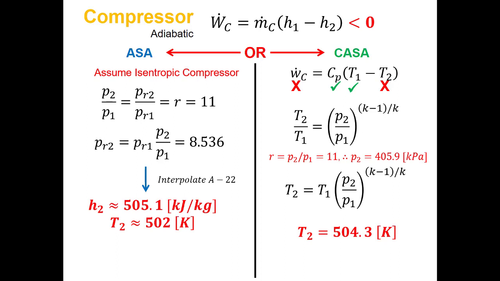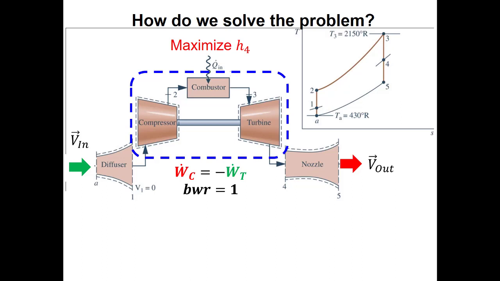Now, I take that value, Pr equal to 8.5, and I look on table A-22. I interpolate, and I find that h2 is approximately 505.1 kilojoules per kilogram, and that T2 is approximately 502. Notice there is a little bit of disagreement between T2 when I have a variable specific heat and T2 when I have a constant specific heat.